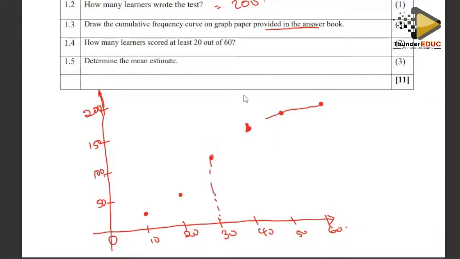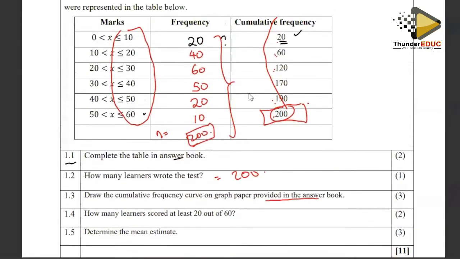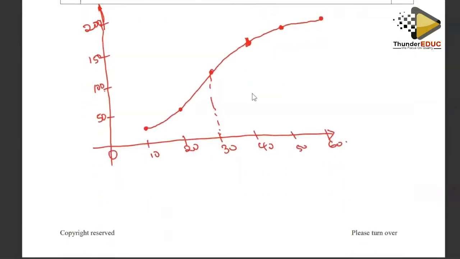Then connect these points with your freehand, and then you need to extend the graph to the starting point, that's where the graph must start from. So that is the cumulative graph that we would have in that scenario.